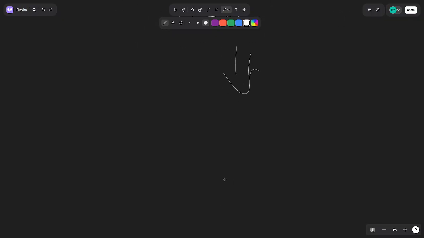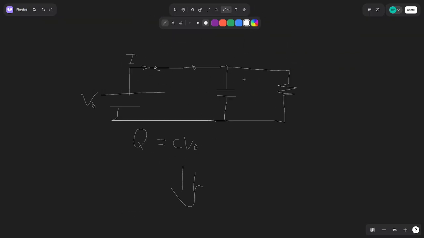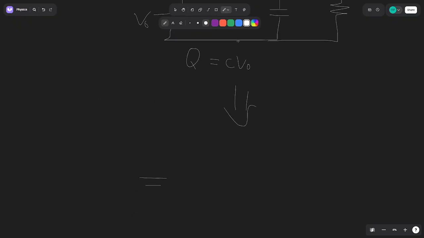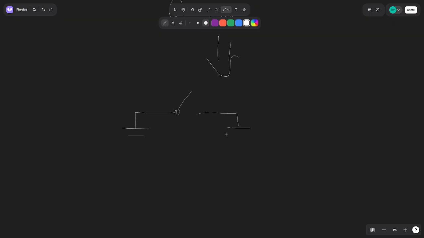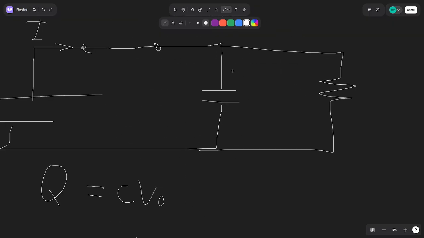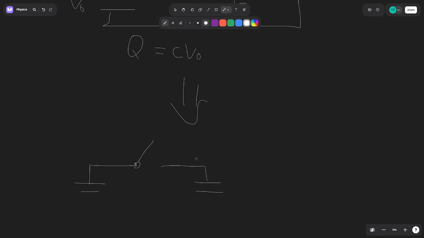And therefore, after some time, we open the circuit. One important note, it collected some electricity. We will use it later.